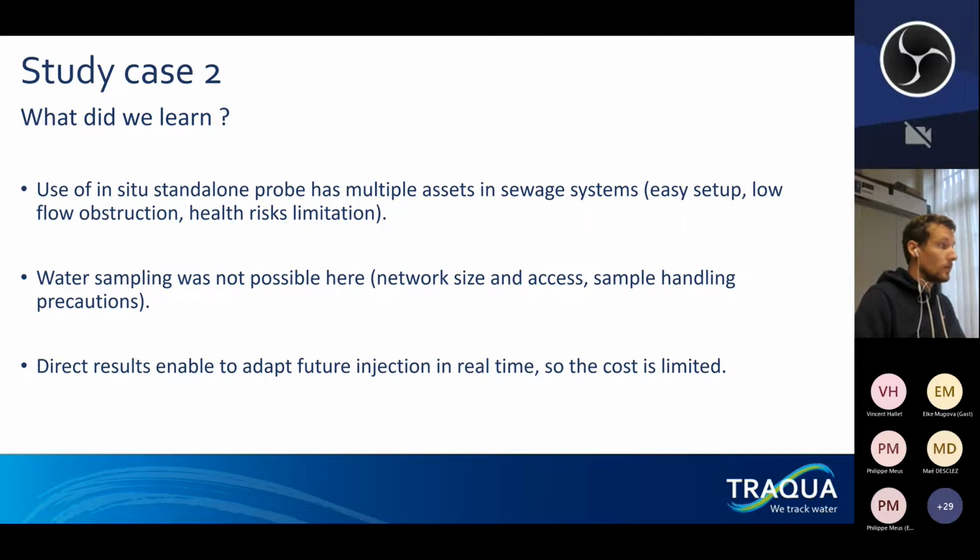Also, we had direct results that enabled us to adapt the future injections in real time, because we had no budget to go on the field several times, so the cost was limited. We took advantage of having direct results to be able to adapt our future dye injections to make a lot of dye tracing during one day.